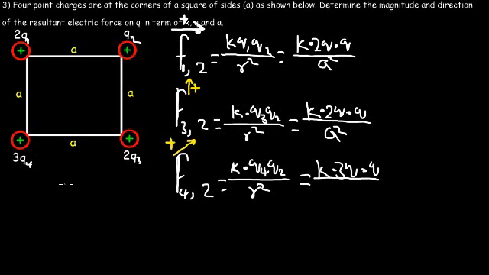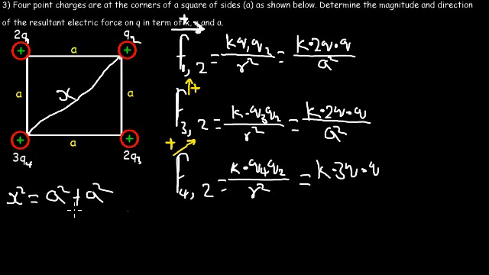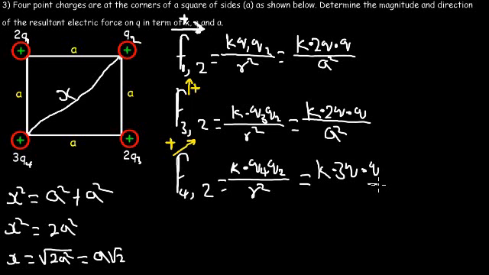We need to find it, so we need to use the Pythagoras theorem to get the distance between Q4 and Q2. Let's assume the distance is x. So x squared will be equal to a squared plus a squared, and x squared will be equal to 2a squared. Taking the root of both sides, x will be equal to the square root of 2a squared, which returns to a root 2. So this will be a root 2.